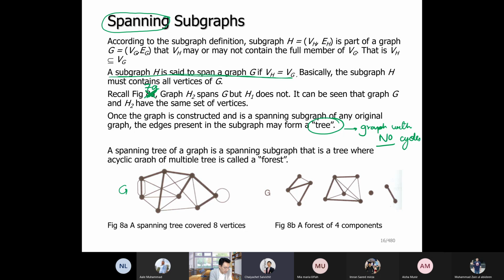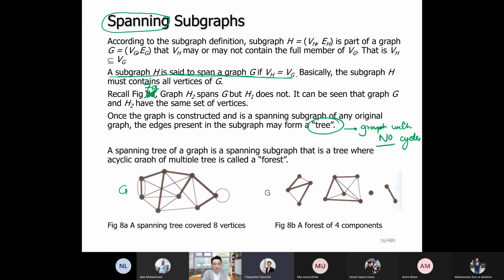You see that there are 8 nodes here with no cycle in the bold lines. But if the light lines are included, we're going to have a loop. Later on we're going to consider the tree properties, very interesting properties of trees that we're going to discuss.